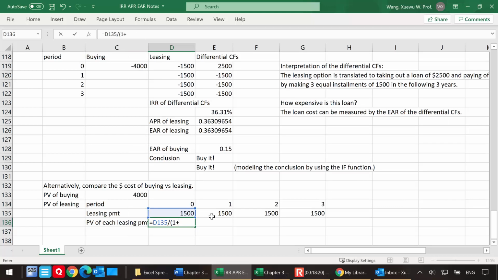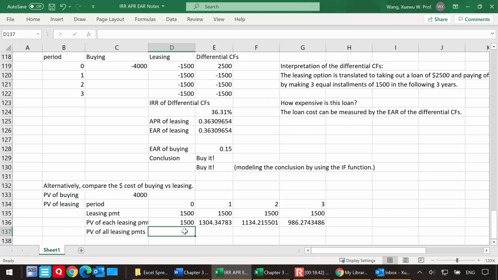So maybe I can make a case that this 15% is also appropriate if I want to discount the $1,500. Okay. So that's the present value of the first leasing payment. And I just built a formula and copied across. Okay. Present value of all leasing payment. All right.